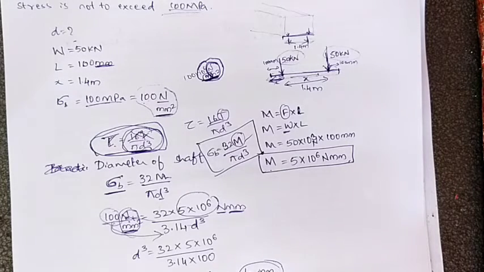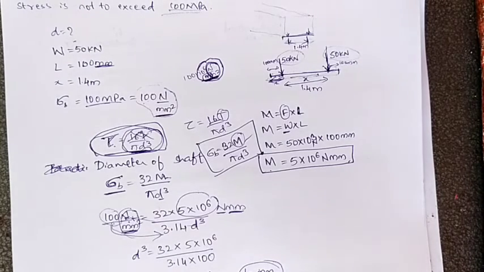Here force and length are given, so just multiply those two and you will get the moment. Using that moment, instead of 16T by pi d cube, you use 32 m divided by pi d cube equal to sigma stress. Just substitute all the values and get the diameter of the solid steel shaft. So this is how we are solving this problem.